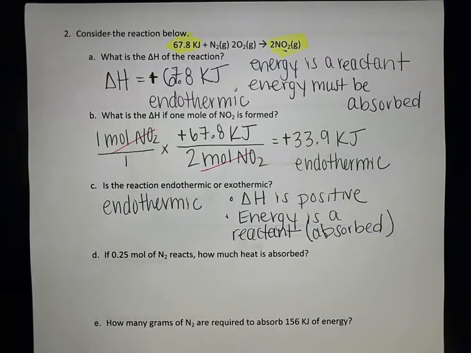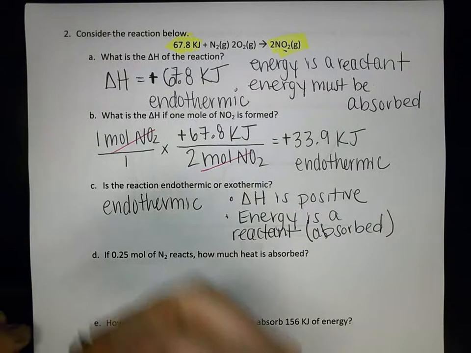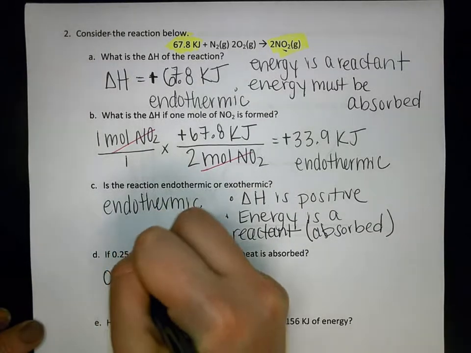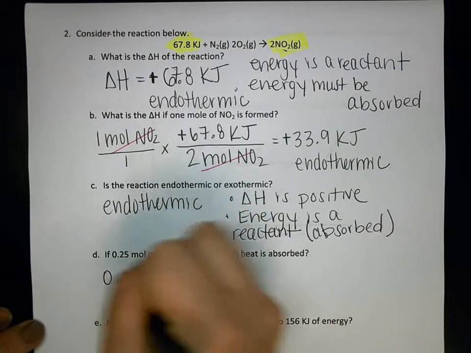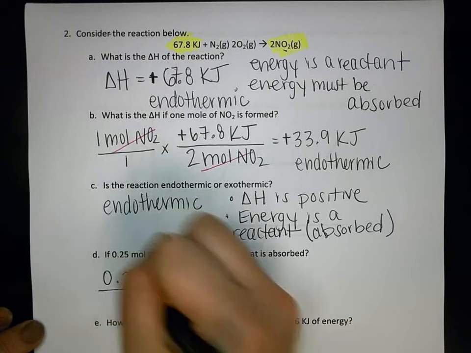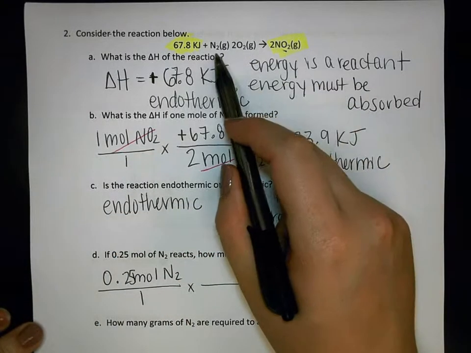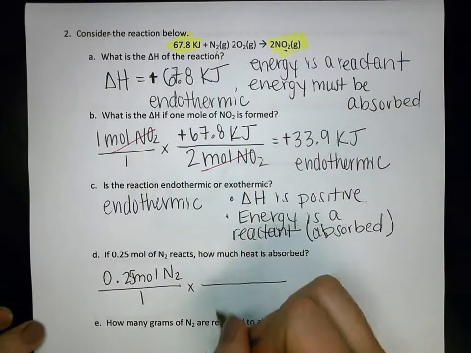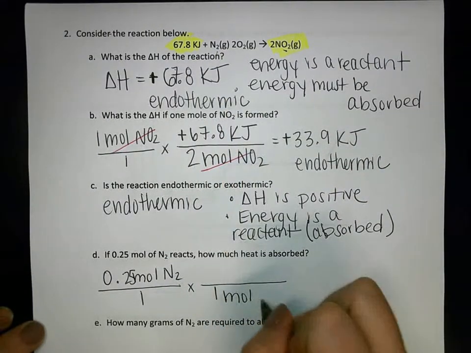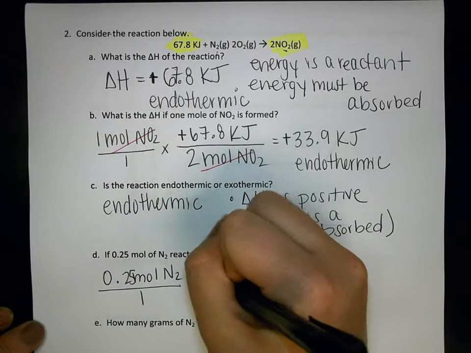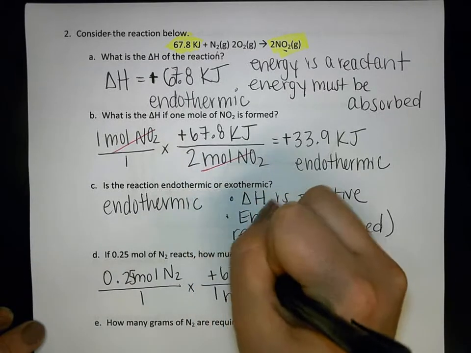Okay, next question says, if a quarter of a mole of nitrogen reacts, how much heat is absorbed? So we know that if I've got one mole of N2 from the balanced equation, I'm going to need to absorb a positive 67.8 kilojoules.